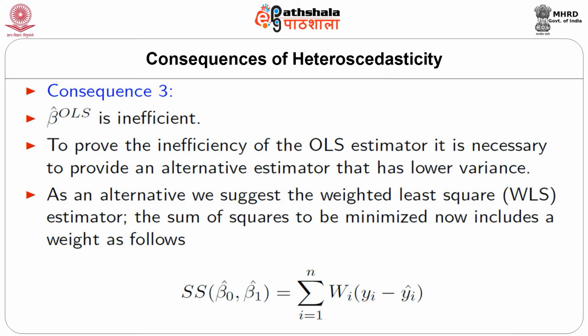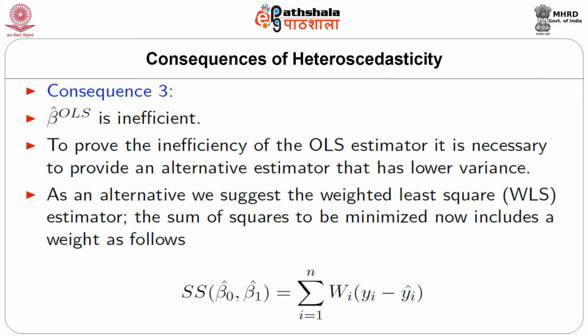The third consequence of heteroscedasticity is that the ordinary least square estimate of beta hat is now inefficient. When we say inefficient, what we really mean is that an estimator is inefficient when the variance of that estimator is larger than that of another estimator of the parameter.